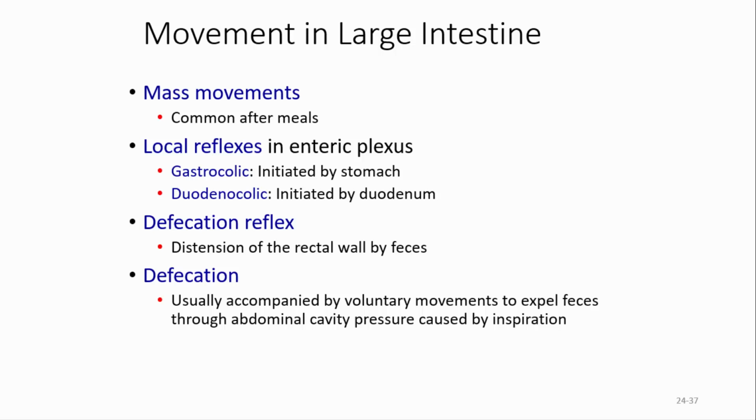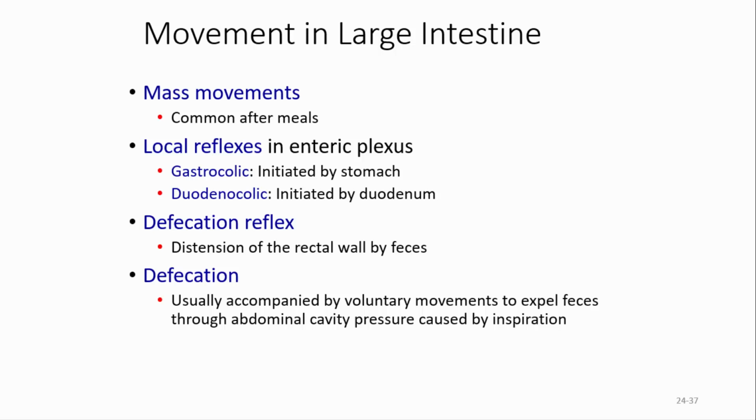So the local reflexes, we're going to have the gastrocolic reflex, which is initiated by the stomach, and then the duodenocolic reflex, which is initiated by the duodenum. And then finally, we have the defecation reflex, which is distension of the rectal walls by the feces, which is going to relax that internal anal sphincter, and then it's up to you when to relax that external anal sphincter.